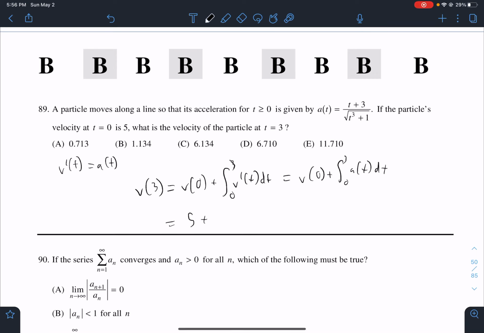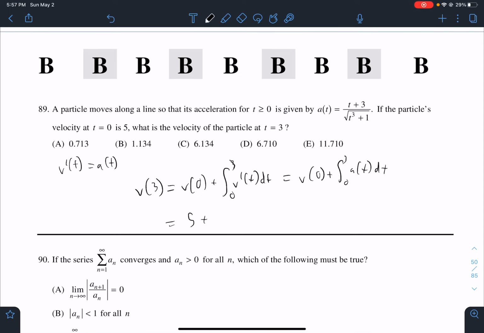We're given a of t in this problem, so we can plug this into our calculator. 5 plus the integral from 0 to 3 of (x plus 3) over the square root of (x cubed plus 1) with respect to x, and that equals 11.710.